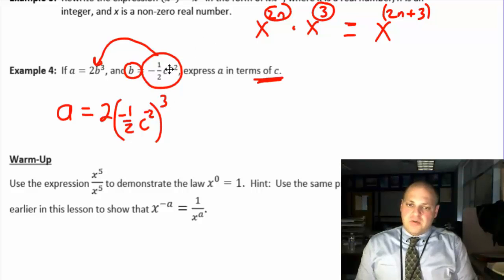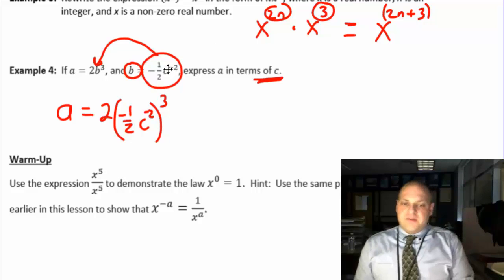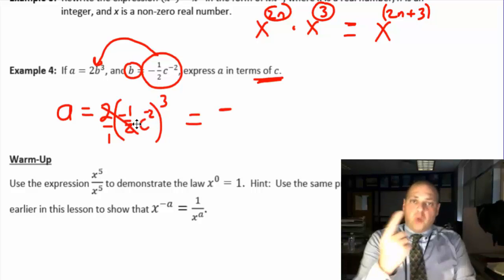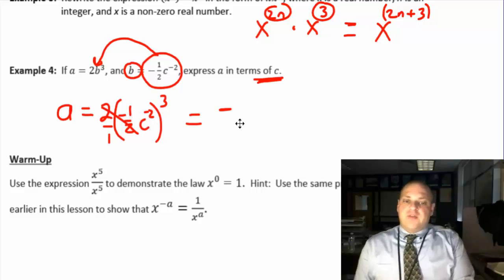Now I'm going to simplify this. 2 times a half is just 1, but it's a negative, so it's going to be negative. The 2's kind of cancel, right? So I have negative c to the negative 2.